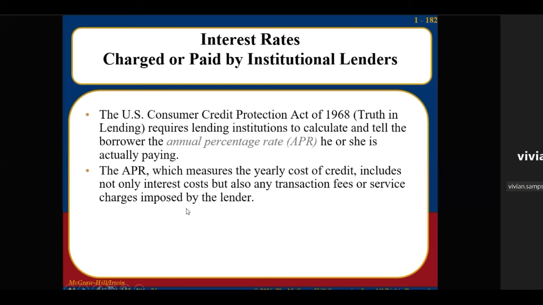Then we also have the compound interest, which is used to calculate the future value of our investment. So this is the present value of the principal, the rate divided by M, that is monthly or quarterly or semi-annual.